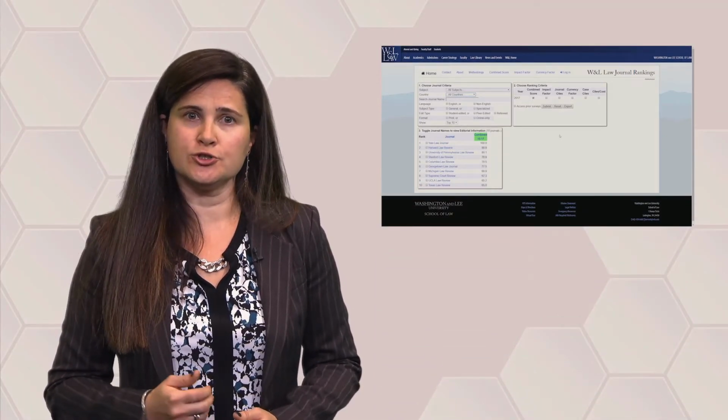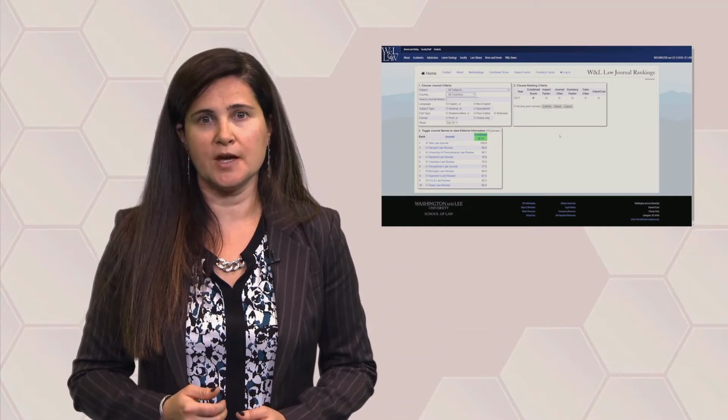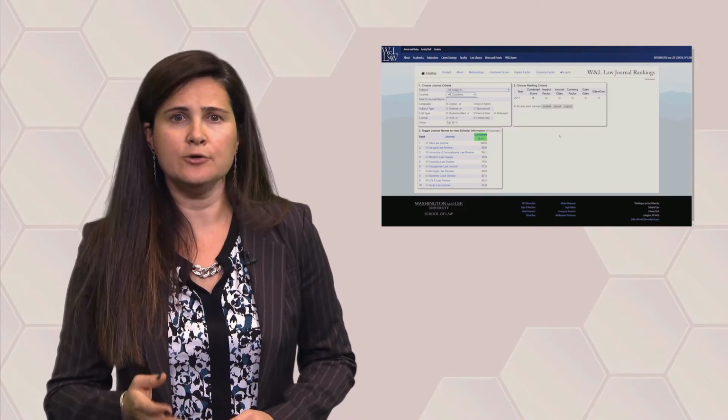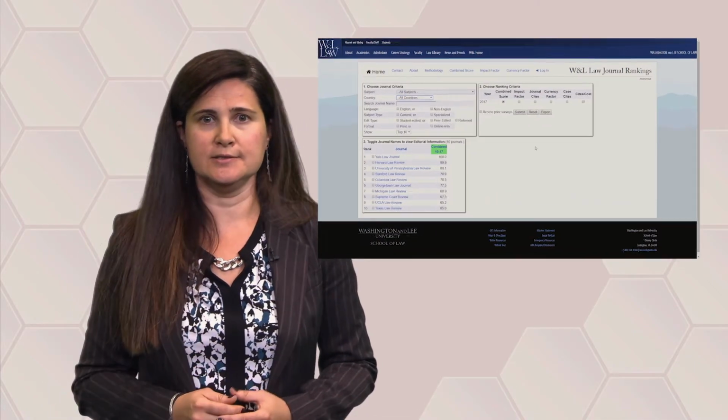The impact factor accounts for the number of citations, and the combined score takes into account also the reputation of the university. You can read on the website how those scores are computed.